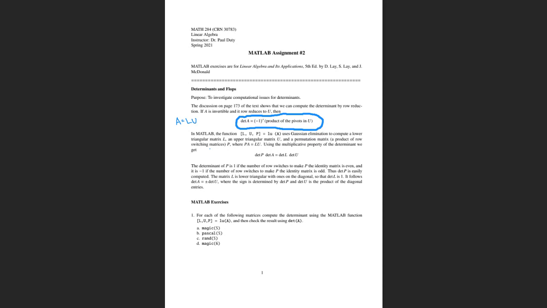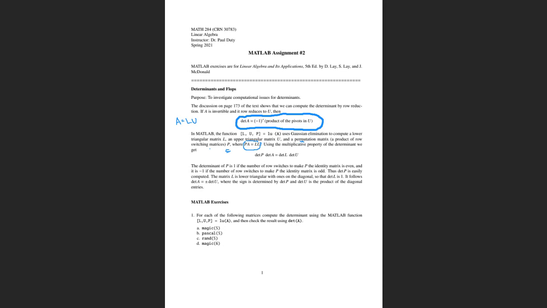But now they're saying P times A equals L times U, and the matrix P is called a permutation matrix.